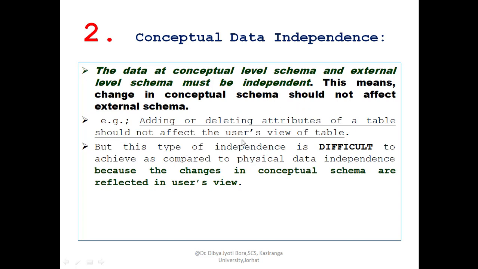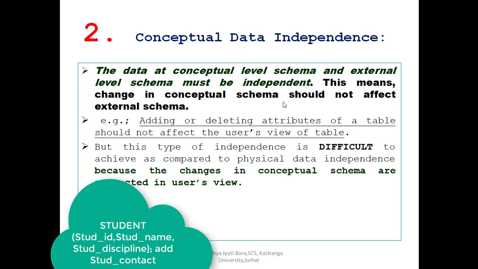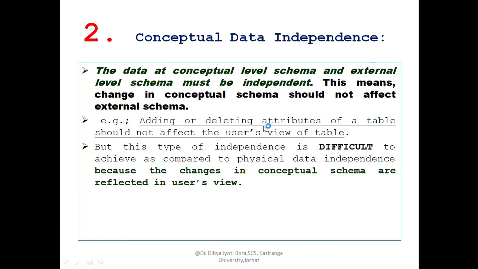If you consider the table student info, then student name, student discipline, discipline in the sense science, art, or like that. So they are attributes of our student table. I have added one more attribute to that table, the student contact number. If I add this new attribute to our student table, then this should not affect the way the views will be displayed at the external level.